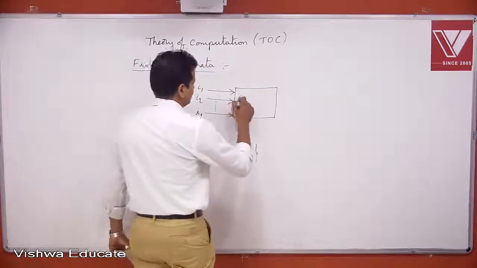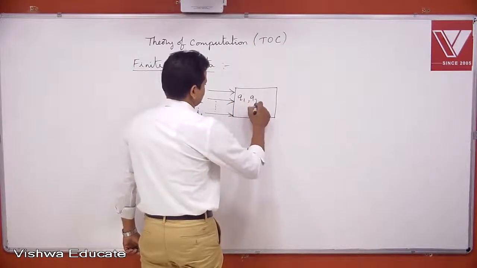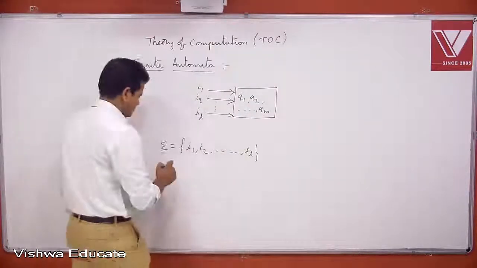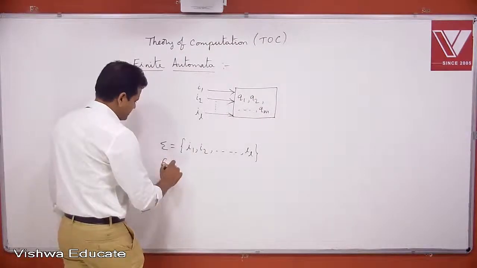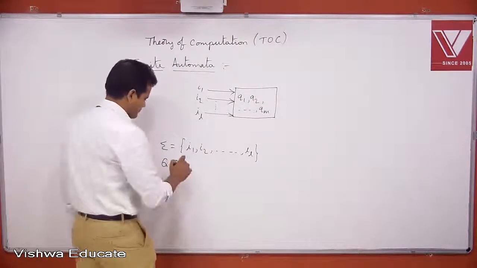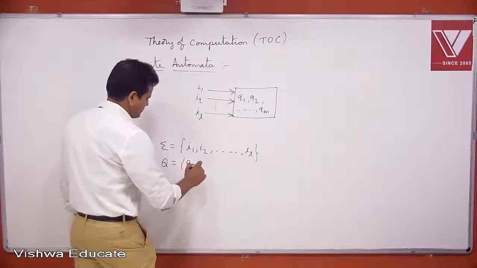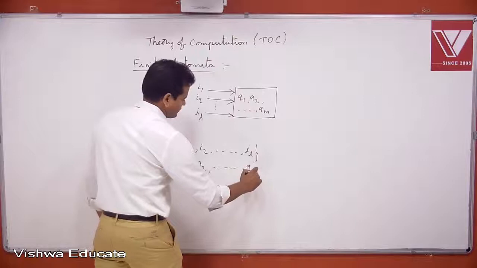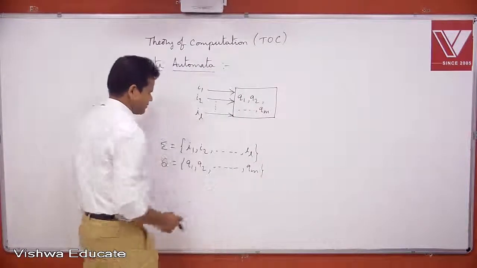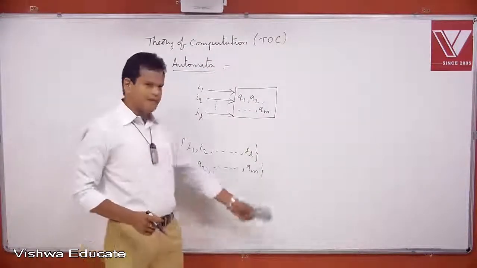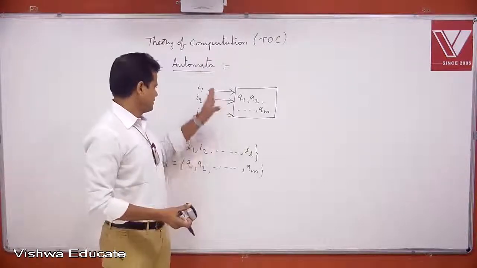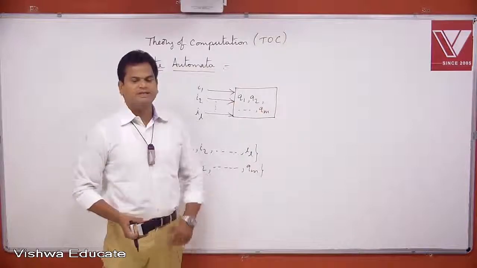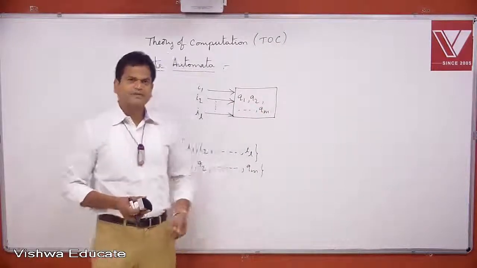These are the states Q1, Q2, so on. Let there be m number of states. Generally we represent the set of states with Q: Q1, Q2, Q3, so on, Qm. The number of states is m. Here the inputs are L and the number of states is M. These numbers may be the same, may be different.